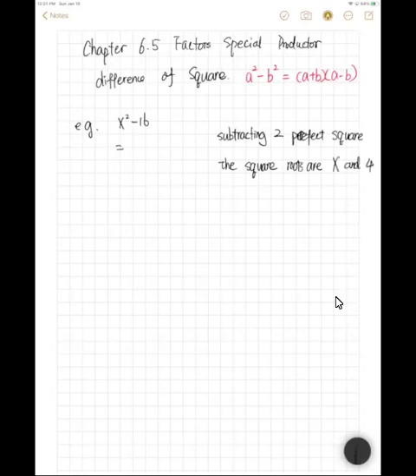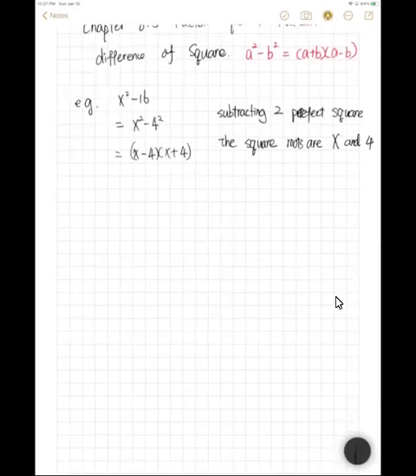So that means the function can be factored as what? x minus 4 and then x plus 4. Okay? We're basically writing 16 as 4 squared so that we can see two perfect square terms, and then we can use this difference of squares formula to factor the function.